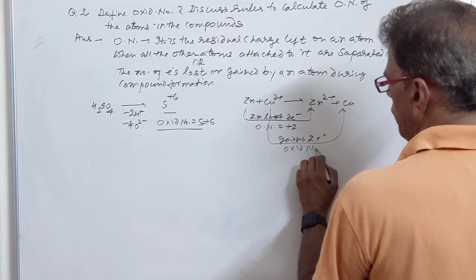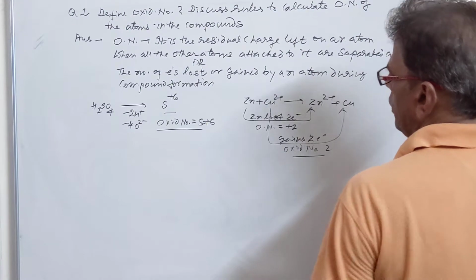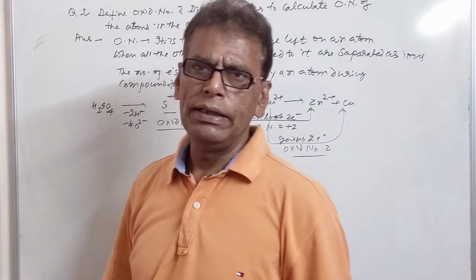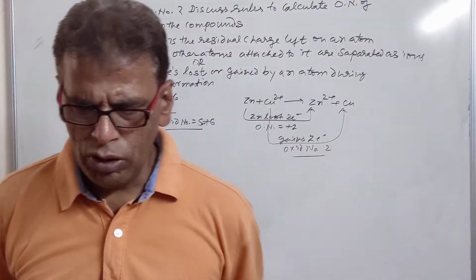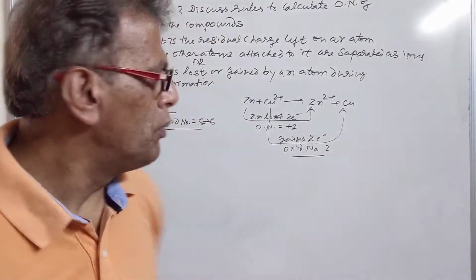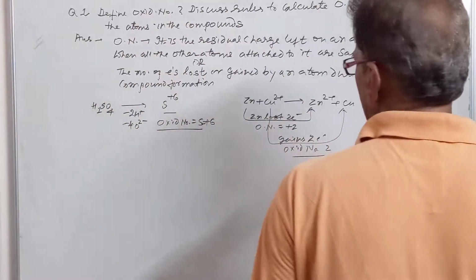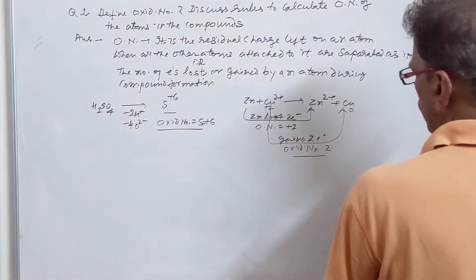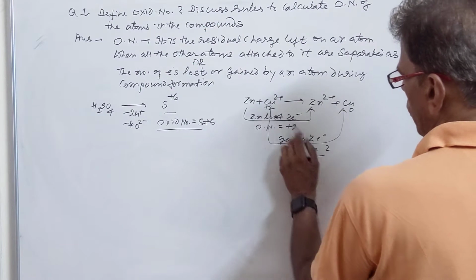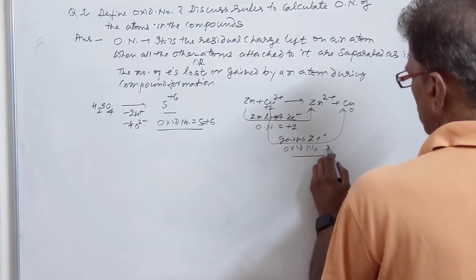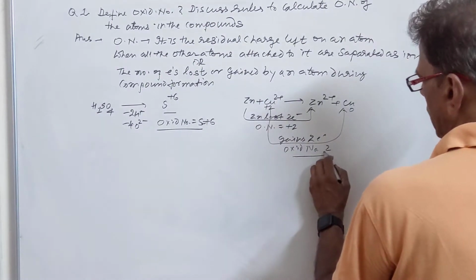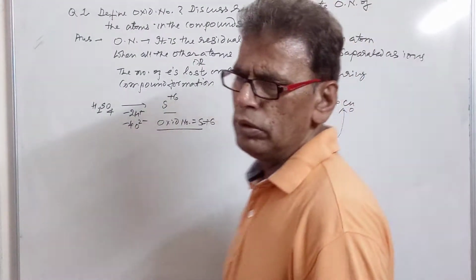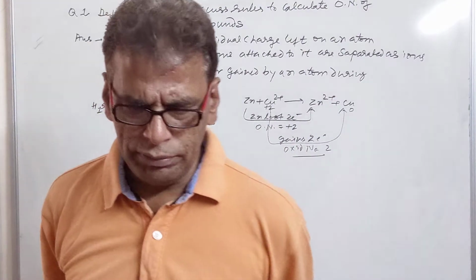So oxidation number is the number of electrons lost or gained by a species during the reaction. It was +2 in the beginning, now it is 0. So it gains 2 electrons. So this is the oxidation number.